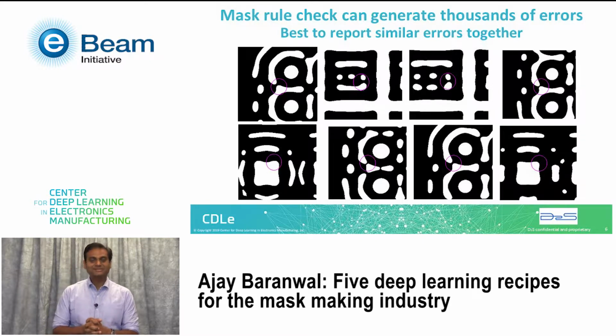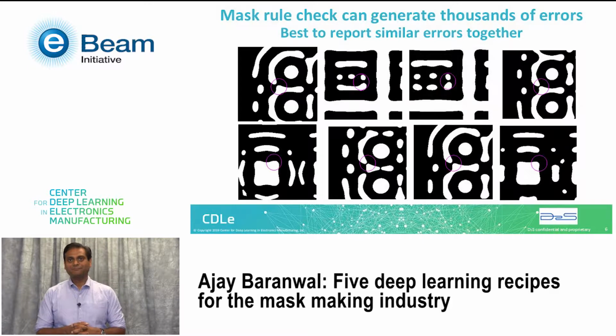Here, as you can see, I have 8 such examples of errors. These are spacing errors or EP errors. The top left and right and bottom middle 2 images are spacing errors, and they need to be grouped together because they share the same layout.